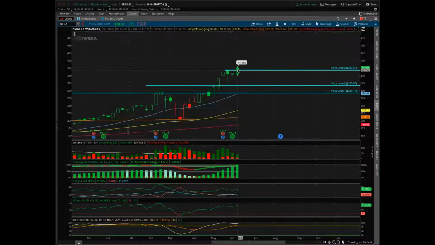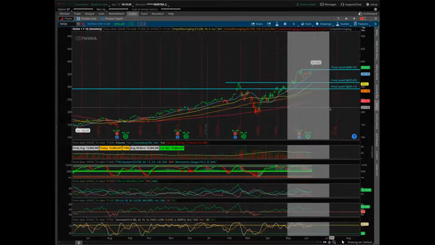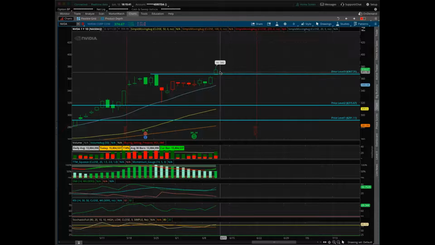So we need a push higher to break out of that previous high. Just like this was the previous high, it broke out of that previous high and closed above. That's good. As long as it stays above that previous high, this should be going higher.